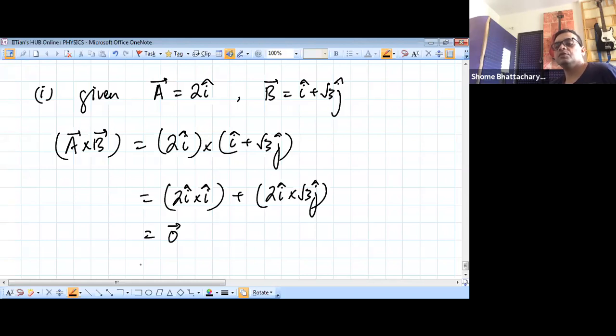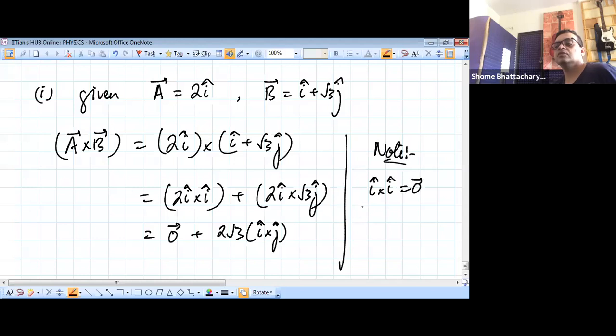Why? Because parallel vectors have a 0 cross product, and this term will become 2 root 3 times I cross J. Here I cap cross I cap is 0 because they are parallel, whereas I cross J was plus K, which you have seen before.